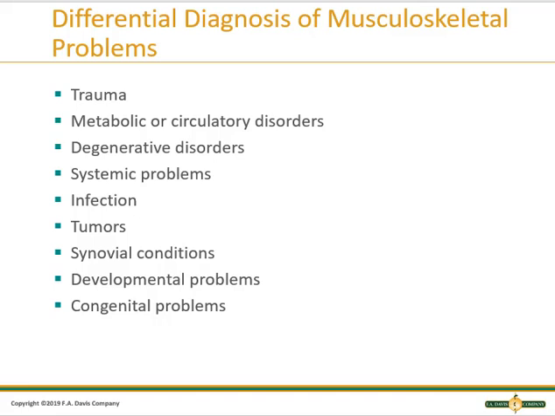We likely have heard of the acronym RICE. There is a new acronym on the market that is called PRICE, which is Protect and Rest the affected part, apply ice for 48 hours, compress with an ACE wrap, and elevate. So be sure and speak with your patients about ways to help manage their injury.